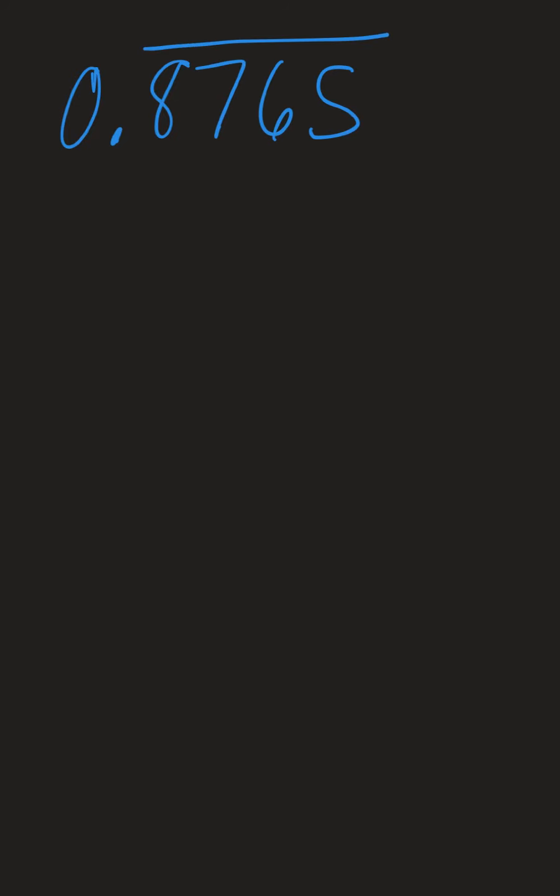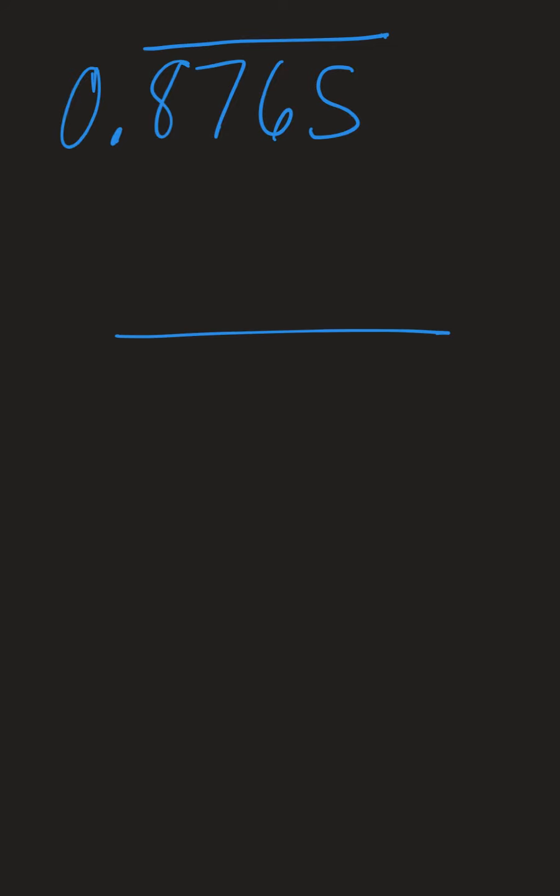Last example before we go ahead and move on to some practice on your own. 8765 repeating. Now I want you to, on your hand, just put up however many fingers you think we are going to write number of 9s, right? Because I see a line, so I'm going to write a 9.